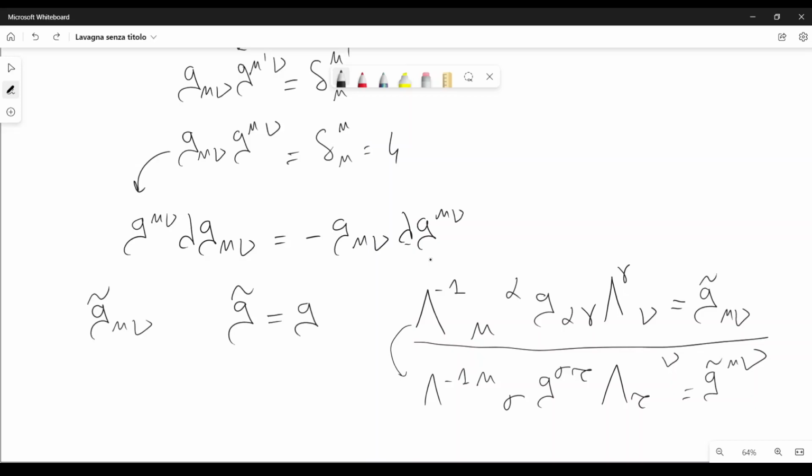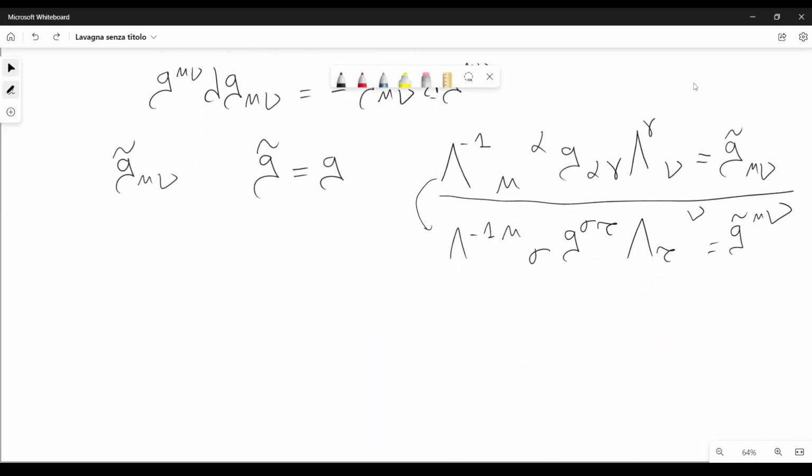But now let's work in the frame where g is equal to g tilde. So g is diagonal. Remember that g tilde is diagonal. And let's consider the ratio between dg and g. So the differential of the determinant of the matrix g tilde or g, because the determinant is the same.